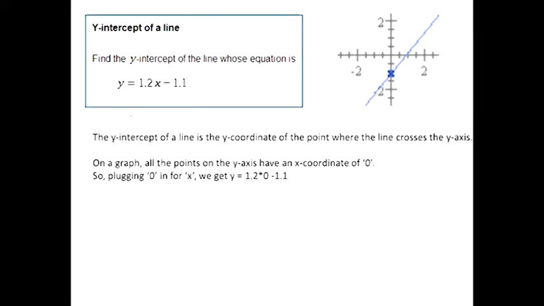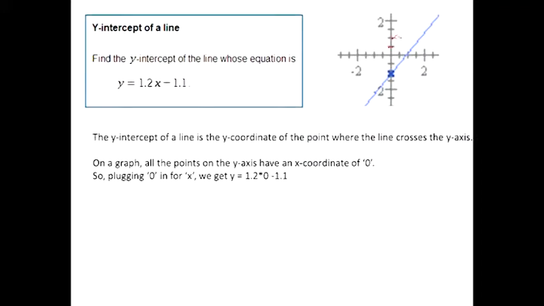Okay? On the graph, all the points on the y-axis have an x-coordinate of 0. So here at the origin, this is the point (0, 0). And then as I move up, I get the point (0, 1). Actually, these are in parts.